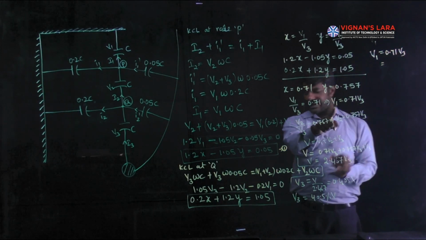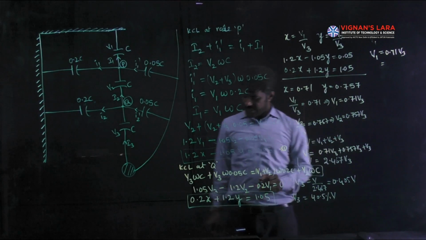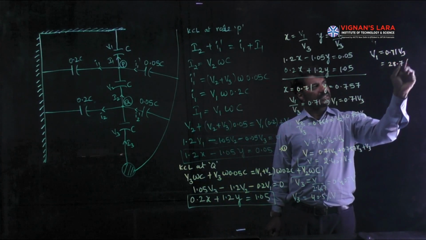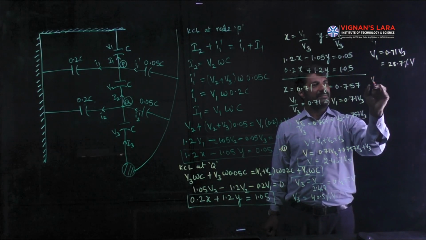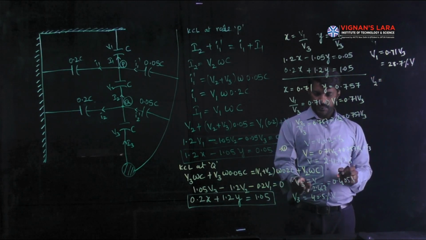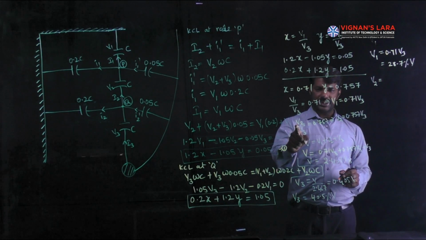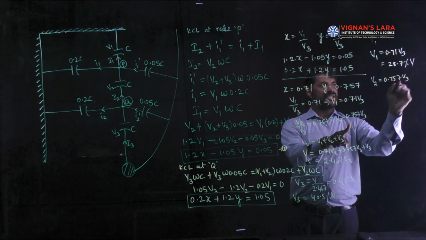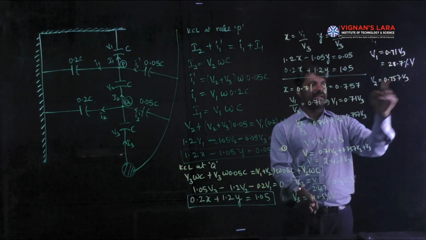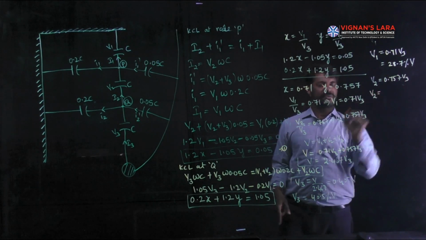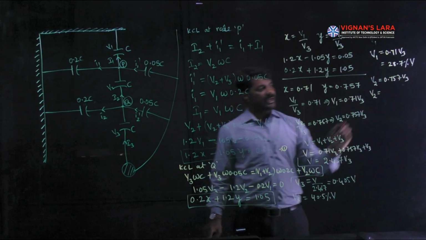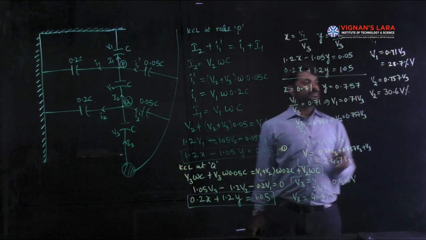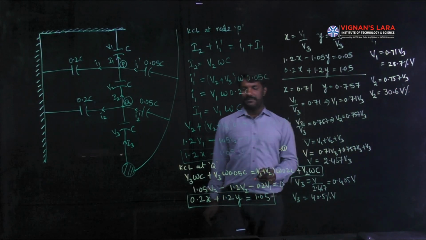In terms of percentages, we get the magnitude as 28.7% of V. In the same lines, V2 is equal to 0.757 into V3. Substituting this V3 value here, we get V2 as 30.6% of V. This much amount of V1, V2, V3 you can observe.